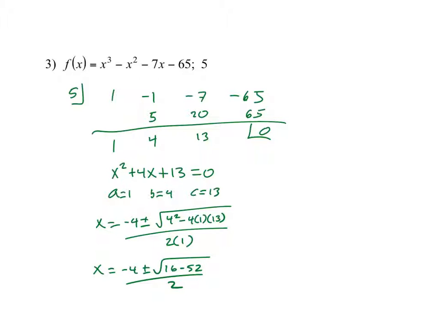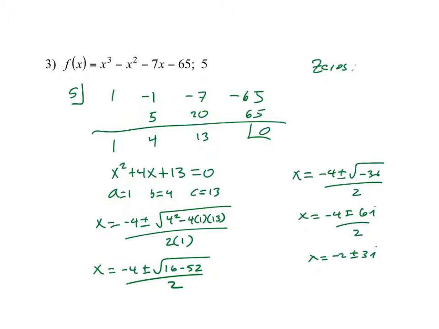So x equals negative 4 plus or minus the square root of negative 36, divided by 2. So x equals negative 4 plus or minus 6i, divided by 2. So x equals negative 2 plus or minus 3i. So again, my zeros are 5 and negative 2 plus or minus 3i.